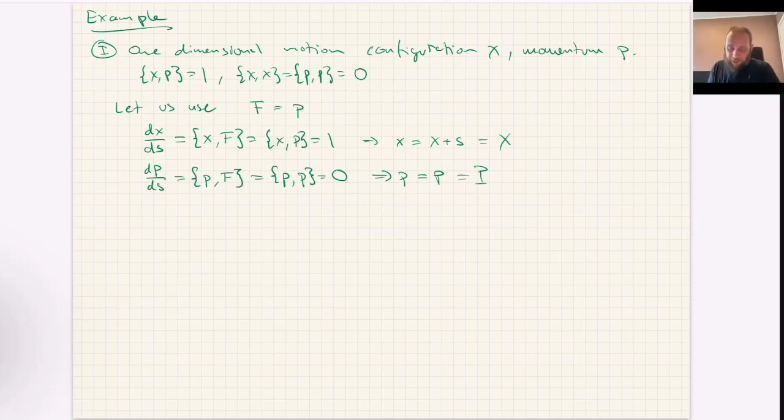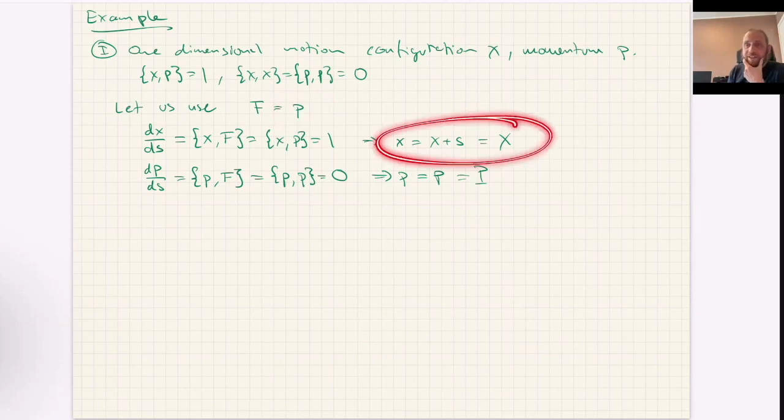So in particular, we see that the function p generates translations in s. You can think back now to when we talked about symmetries, when we had generators. This function p is the generator of translations in s, or translations in x.